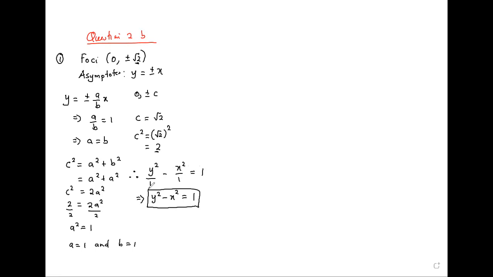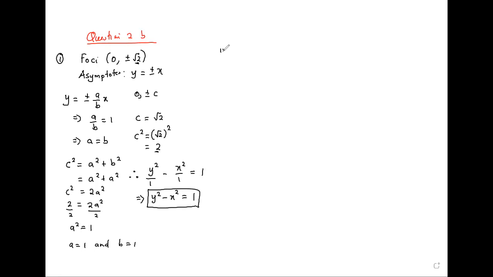But if I didn't know the equation of the asymptote, it becomes so tricky for us to arrive at a correct solution here. And if you don't know the equation of the foci, then you're in serious problems.